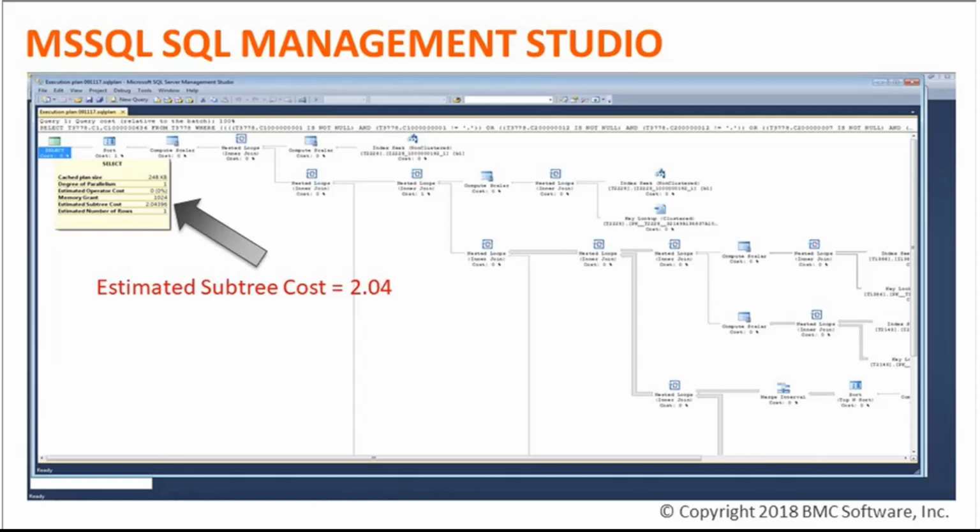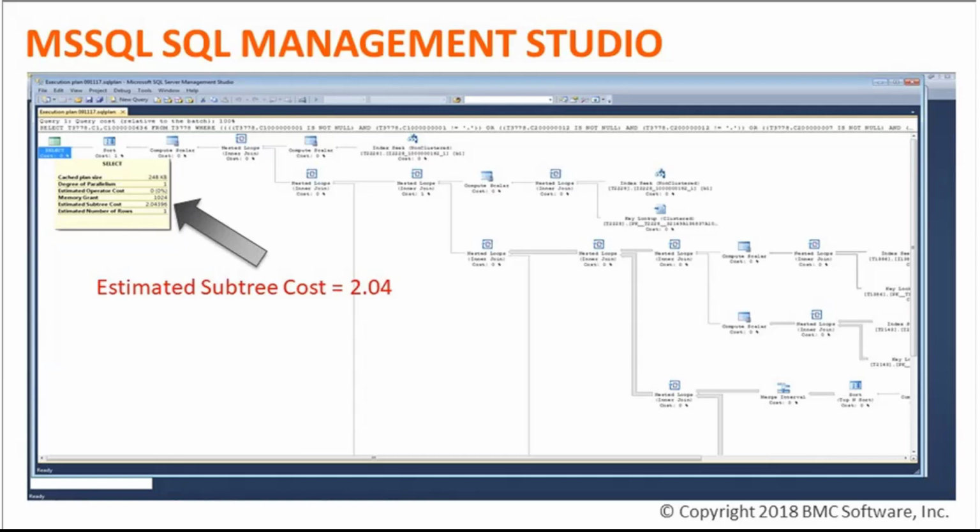So in this case, when you hover your cursor on that topmost left operator, which in this case is a select, it opens up a little window that gives you some information, and the key piece of information there is something called the estimated subtree cost. In this case, that subtree cost is 2.04. And to the right of that top leftmost operator are the other operations that happened when the SQL was run in order to satisfy that SQL and bring back the rows to the user.